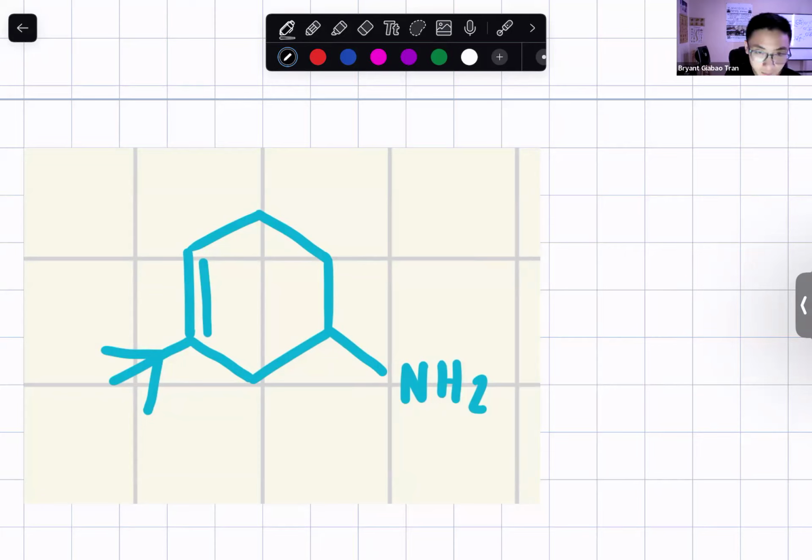If this is an IR problem asking for functional groups present in this molecule, the first thing I would do is identify my interesting functional groups. Ignore the boring sp3 carbon hydrogen. What two functional groups do you guys see present in this molecule here?